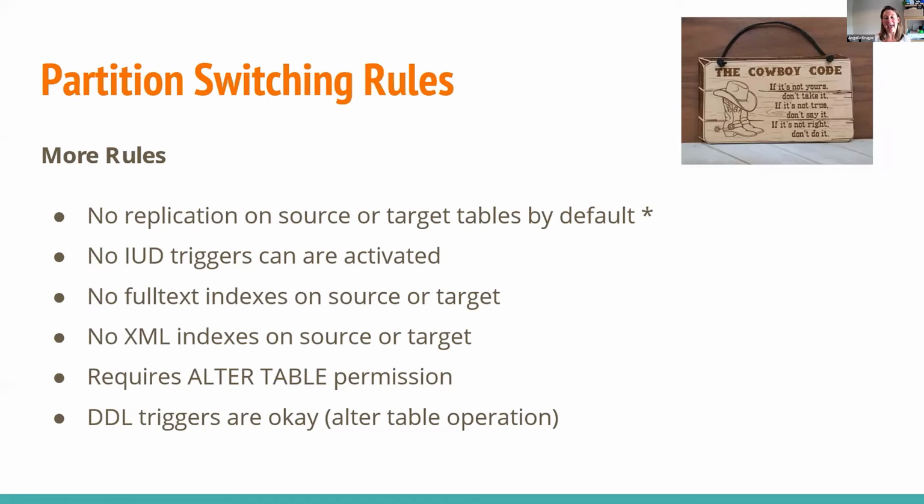However, it can be enabled, and there is a link in the slide to the Microsoft article on this. There are a lot of additional rules and gotchas when working on replicated partitioned tables. It technically is possible. I've never tried it. I don't want to try it. Replication scares me, to be honest. But yeah, there are ways and means.